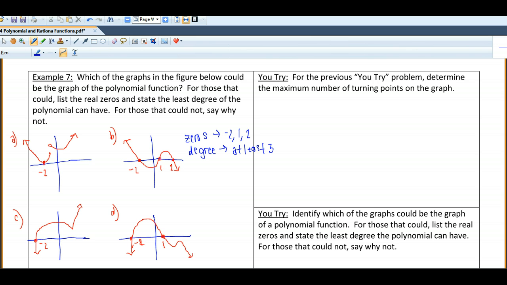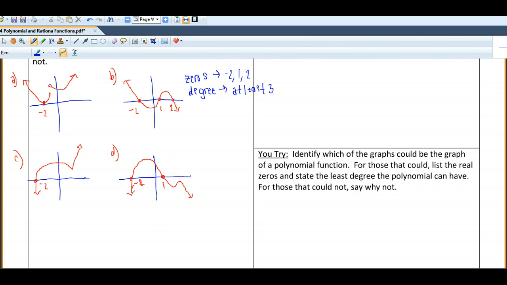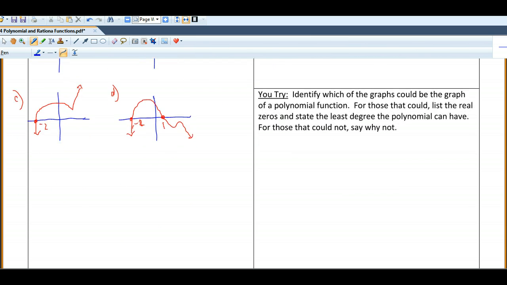I'll scroll down. This function cannot be a polynomial because it has a cusp at, I think, 1. Because it has this sharp point, this cusp, it can't be a polynomial. But D, this one could be a polynomial. It has 2 real zeros at -2 and at 1.